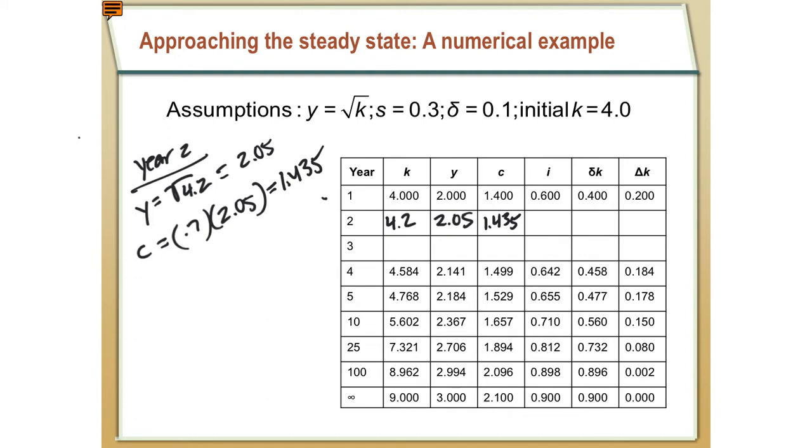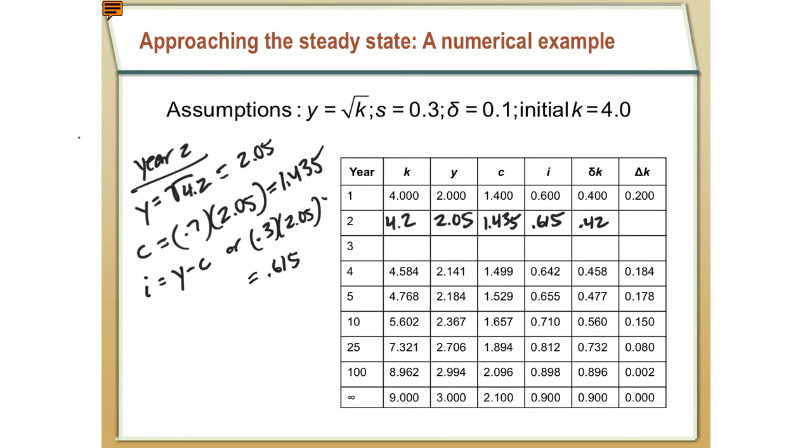So that's our C. Our I then is going to be Y minus C. We can do it that way, or we can just do 0.3 times Y, which is 2.05, and that turns out to be 0.615. Our delta K, that's just going to be 10% multiplied by the 4.2, the capital per worker in year 2, so that's just going to be 0.42.